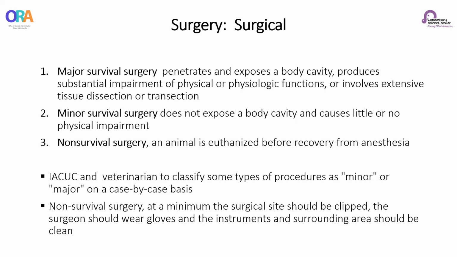The first is major survival surgery, such as laparotomy, which penetrates the abdominal cavity, thoracotomy, joint replacement, limb amputation, and the like, that penetrate and expose a body cavity, produce substantial impairment of physical or physiologic function, or involve extensive tissue dissection or transection. That is called major survival surgery.